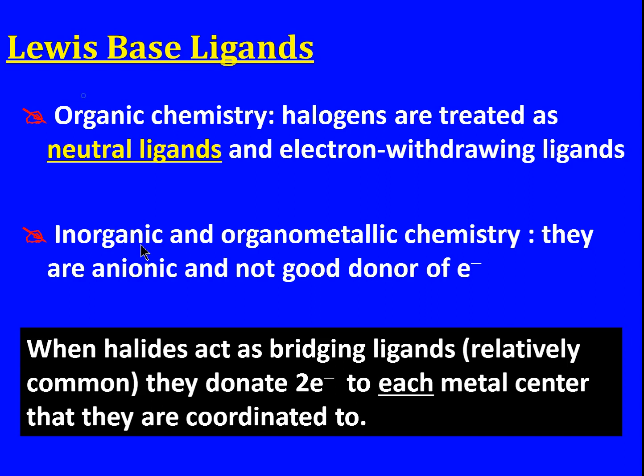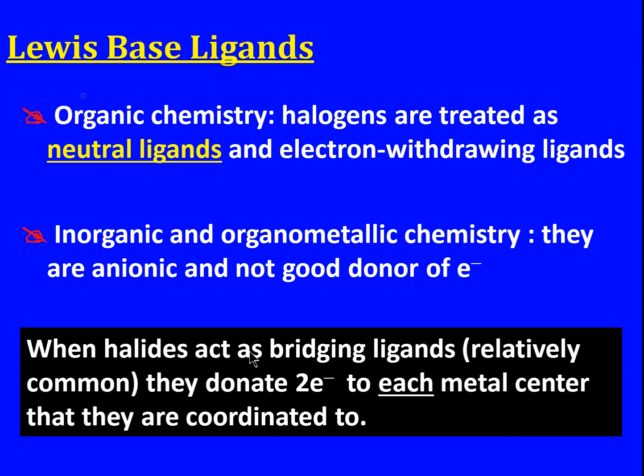inorganic and organometallic chemistry, the type of bond is quite different from that in organic. The M-L bond in organometallic chemistry is a donation of electrons from L and acceptance of electrons by M. So the halides are treated as anionic ligands and not good donors of electrons.